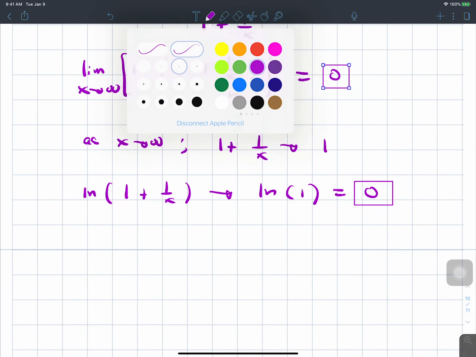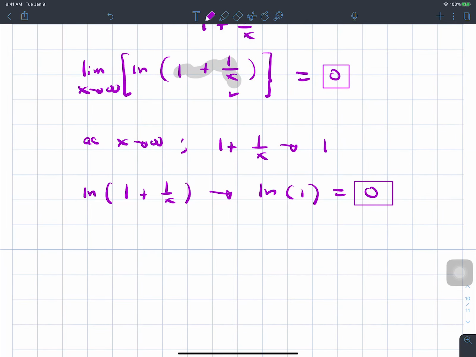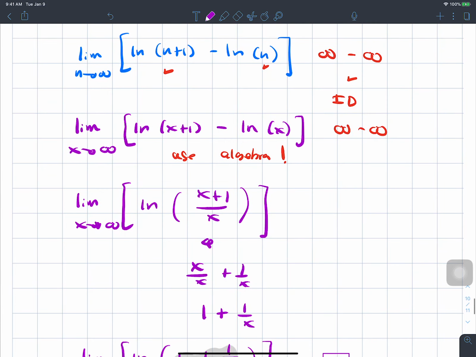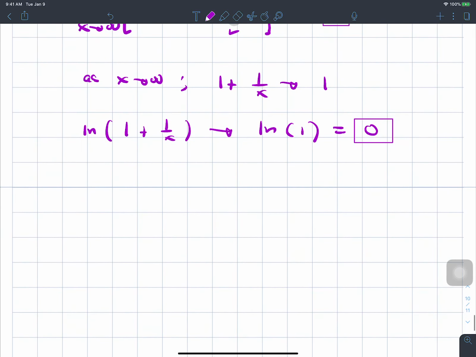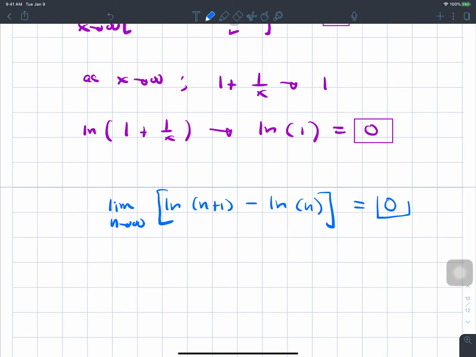Well, if we change the variable back to n, then what we have really showed is that the limit as n gets big of natural log of n plus 1 minus natural log of n is 0.